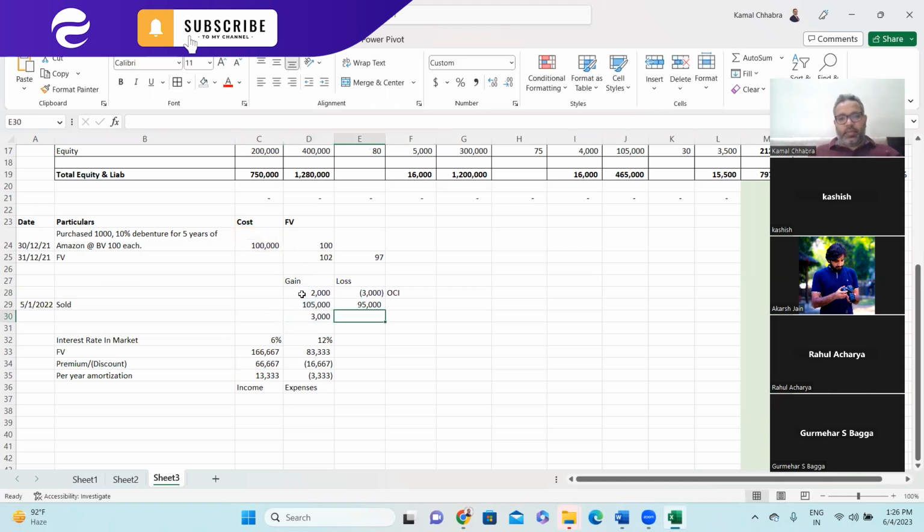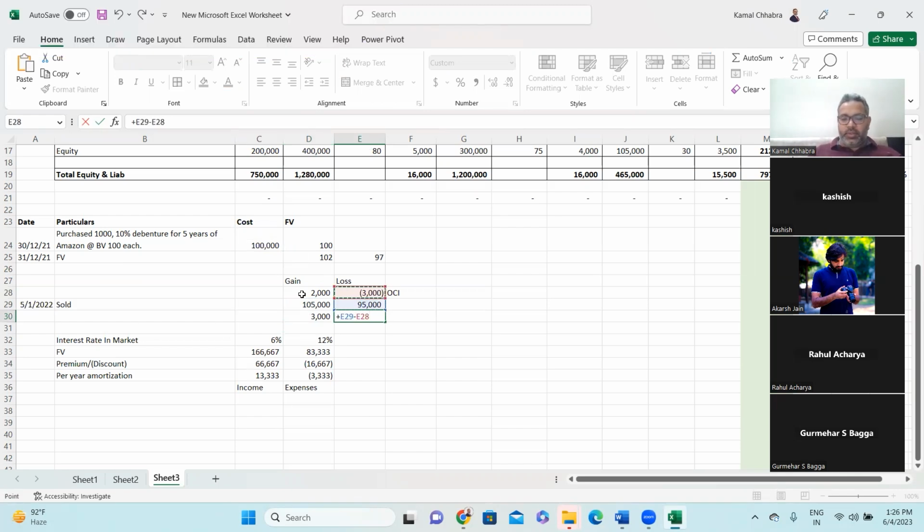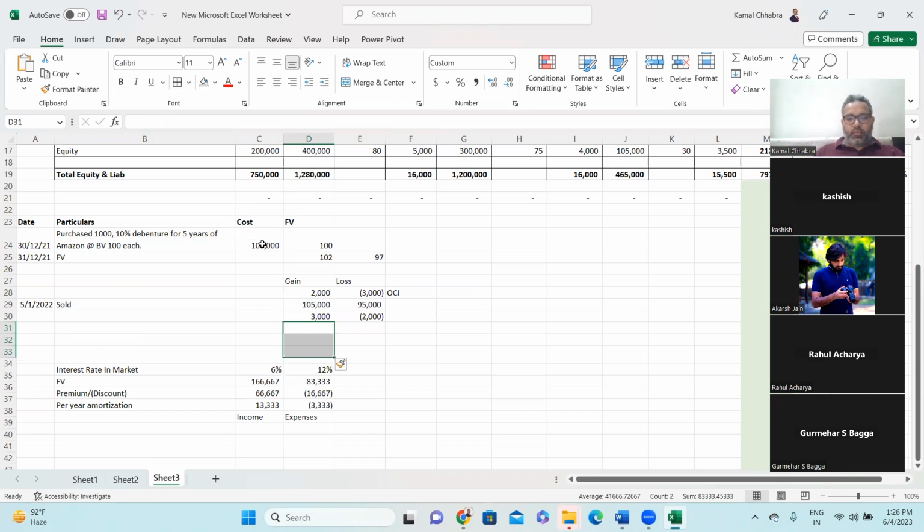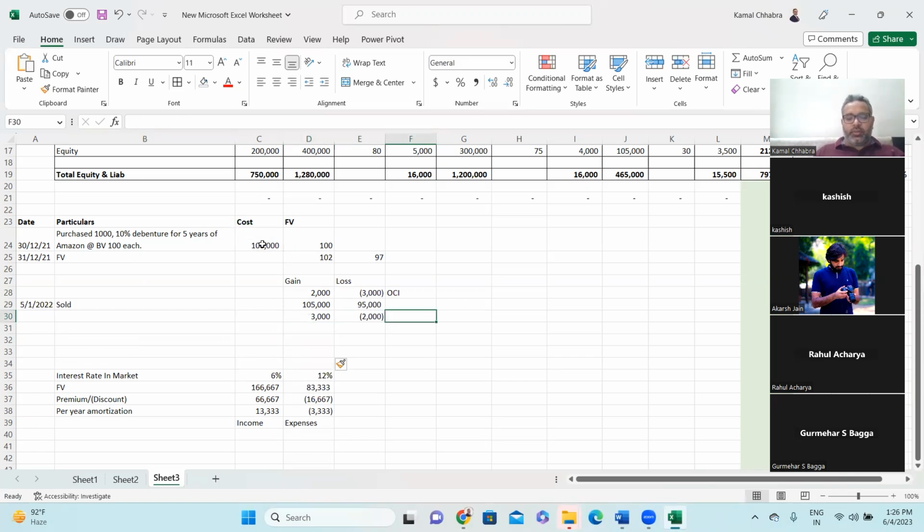Or in the other case, 95,000 minus 100,000 minus this 2,000. So this is your current gain or loss, and then the transfer from OCI to the income statement will be.